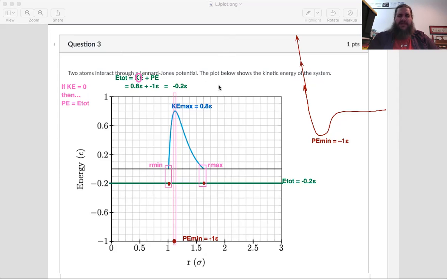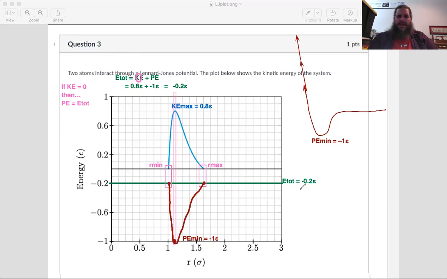So we can use that fact: the potential energy graph should be an exact mirror image of the kinetic energy graph, mirror image and shifted. So we know that at least a portion of the potential energy graph is a mirror image of the kinetic energy graph and shifted.